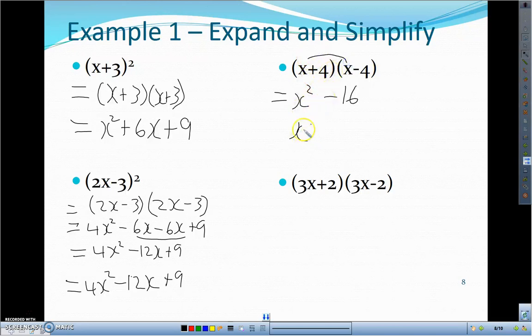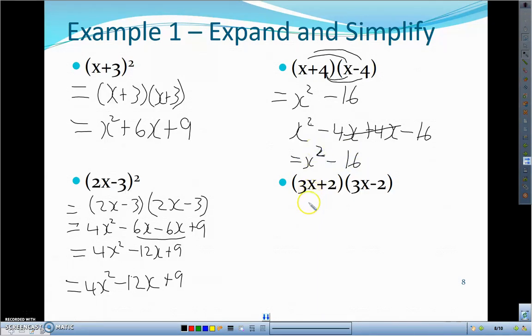X times x is x squared. X times minus 4 is minus 4x. 4 times x is plus 4x. Those will cancel in the end, you can see that. And 4 times minus 4 is minus 16. These are gone. Minus 4 plus 4 is 0. So that would be equal to x squared minus 16. So it does work.